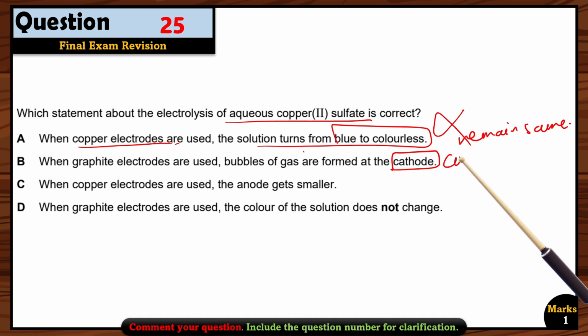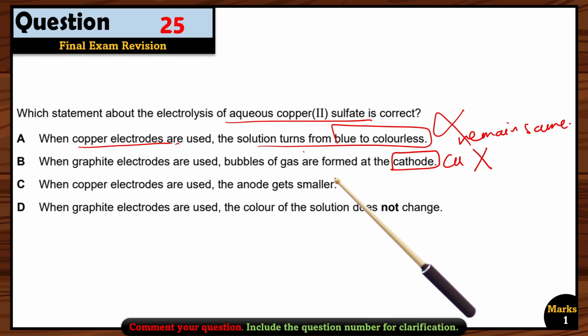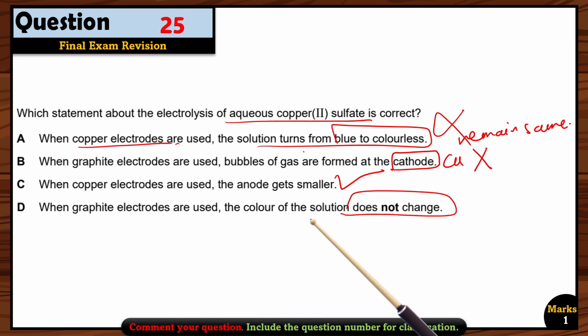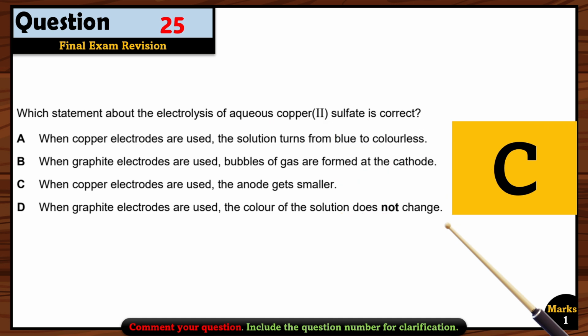At the cathode, of course, there will be copper. So that statement is also wrong. When copper electrodes are used, the anodes get smaller. Yes, that's right, because the copper electrode will start oxidizing. So that option is right. When graphite electrodes are used, the color of the solution does not change. That's wrong. The solution color will fade. So that's why option C is the only right option.